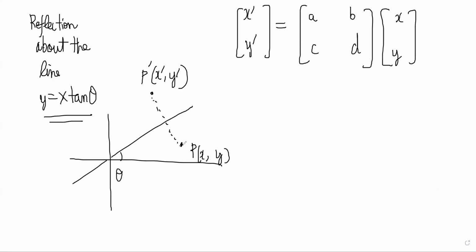You know how to do reflection about a line, right? You have to think of this point as the midpoint, and this is the perpendicular bisector. So the midpoint lies on y is equal to x tan theta, and we know the slope.